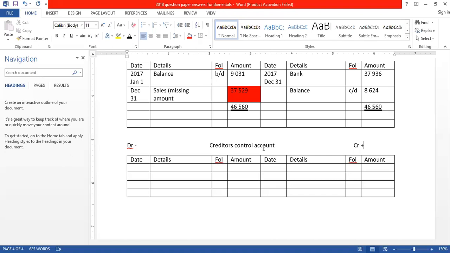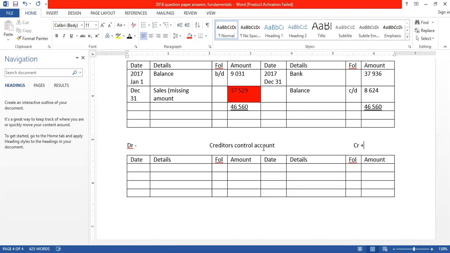And all transactions that decrease our creditors, including the balance carried down, or the balance at the end of the financial period, are recorded on the debit side of your creditors control account. So the first thing that you always record when it comes to ledger accounts of assets and liabilities is your balance brought down.